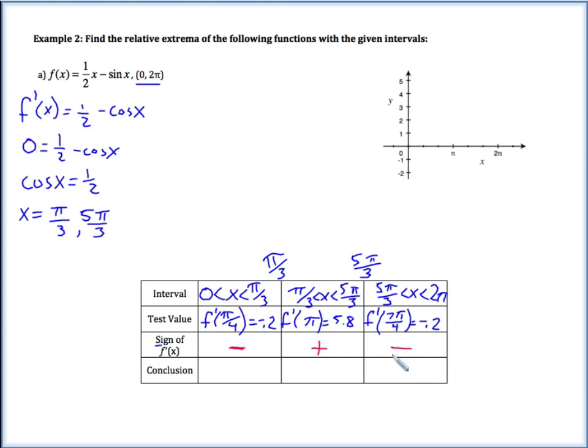So what's our conclusion? Well, the conclusion is on this interval we know the function is decreasing. On this interval the function is increasing, and on this interval the function is decreasing. So what does that tell us is happening at our critical values right here? Well, again, the first derivative test says if we go from decreasing to increasing, this has to be a relative minimum.